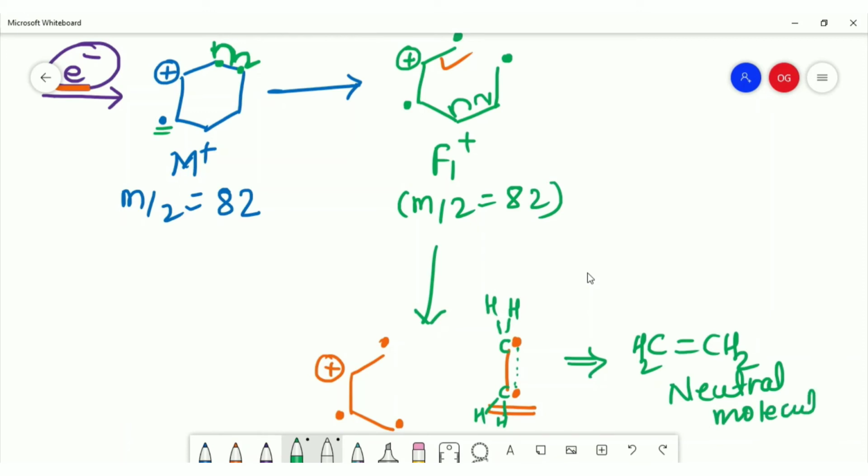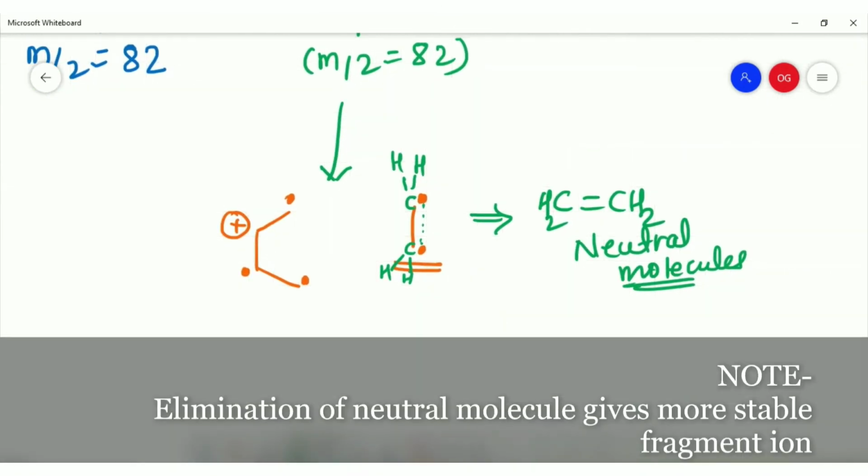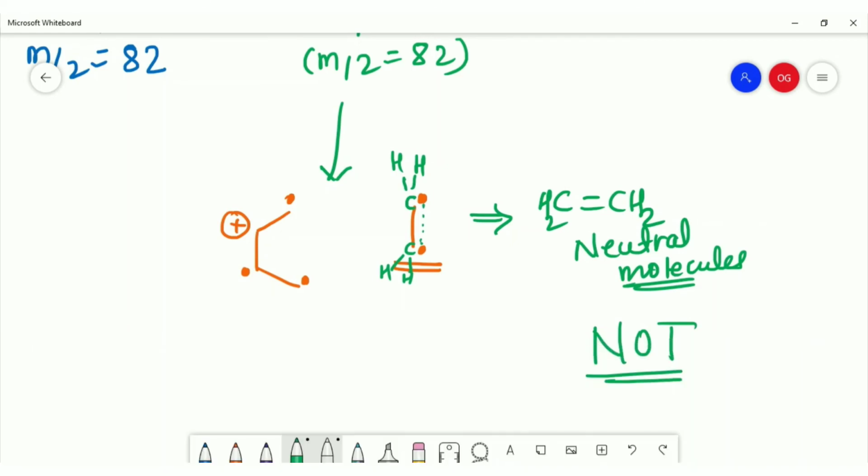Such neutral molecules and radicals, here a radical is not formed but a neutral molecule is formed, are not detected by the detector of the mass spectrometer. They are sucked out of the instrument, and only these fragment ions are detected.